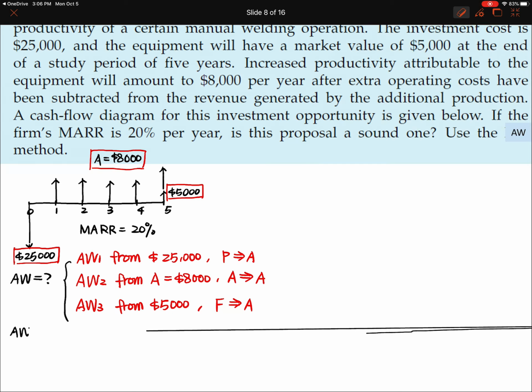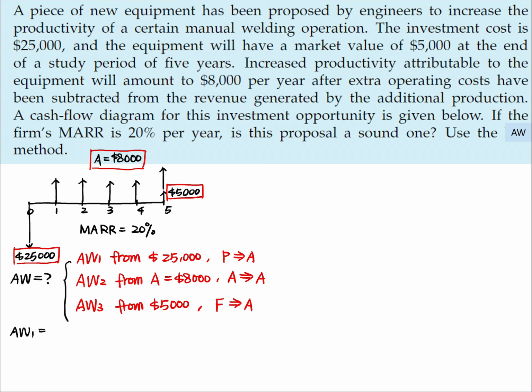Now let's calculate AW1. AW1 is to convert a present value to annuities.